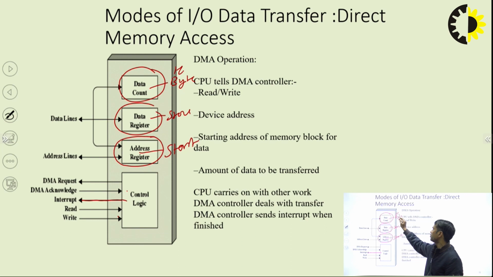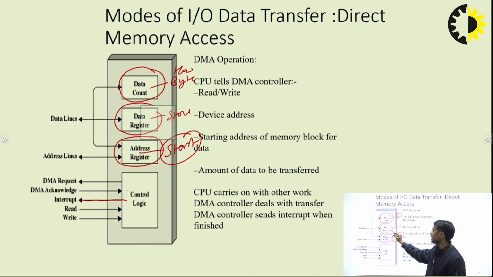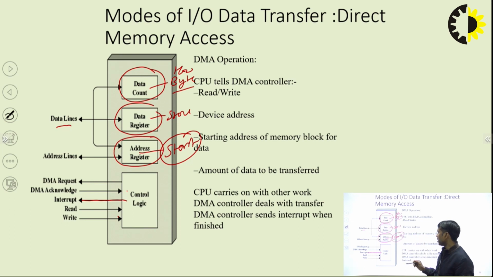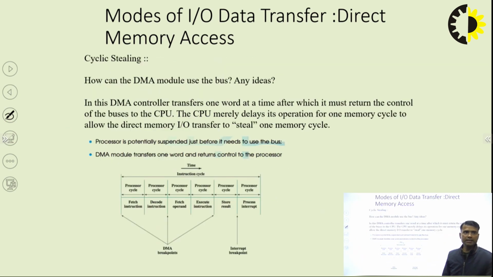So, it will start from this location, store data temporarily here, and transfer it to the CPU bus, and then it will move to the next byte location, read it and send it, and that is controlled by the DMA controller control logic.